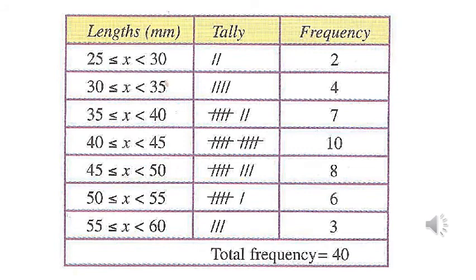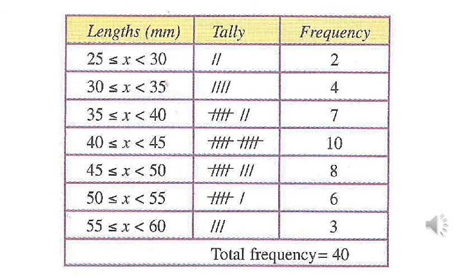Similarly, in the second row, there are 4 leaves whose length is greater than or equal to 30 and less than 35. The leaf with length 35 will come in the next class. So similarly complete the whole table.